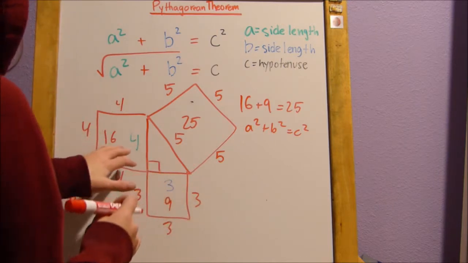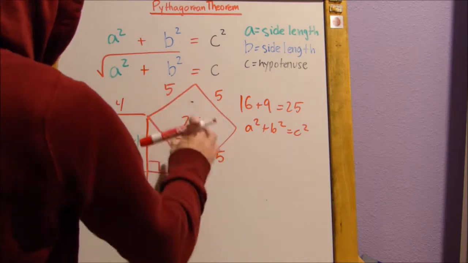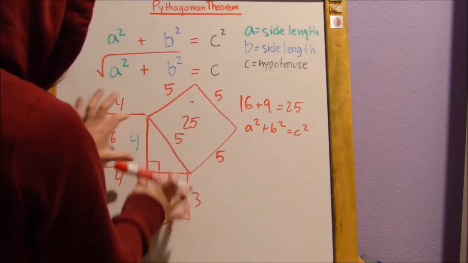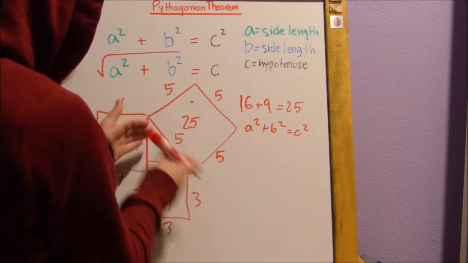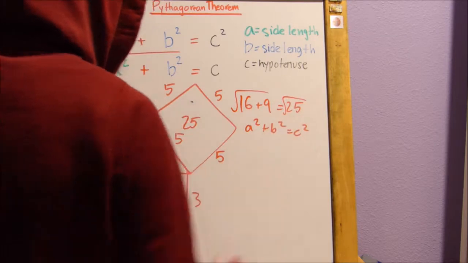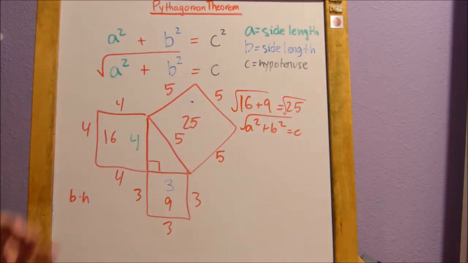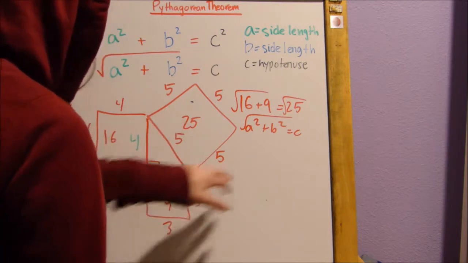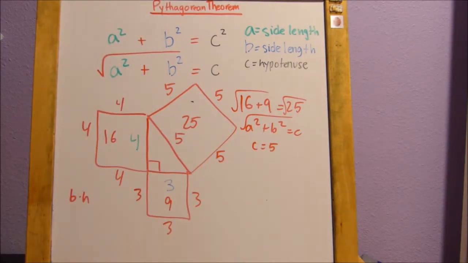So you can see that you can get this area by adding up the area of these two squares, right? But if you want to find c, this hypotenuse, you're going to want to take the square root of both sides. So you're going to get the square root of a squared plus b squared equals c. So if you plug everything in, you're going to get c is 5. And that's why the Pythagorean Theorem works.